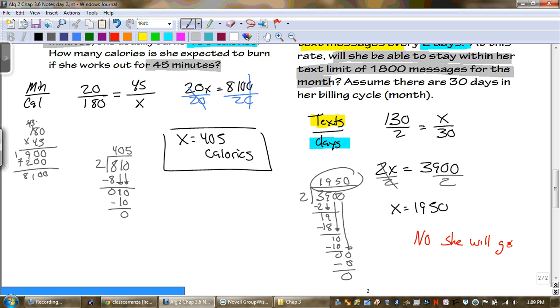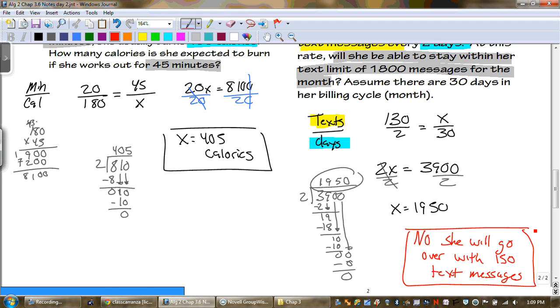She will go over with 150 text messages. So we always have to be careful to read through and see exactly what it's asking for us.